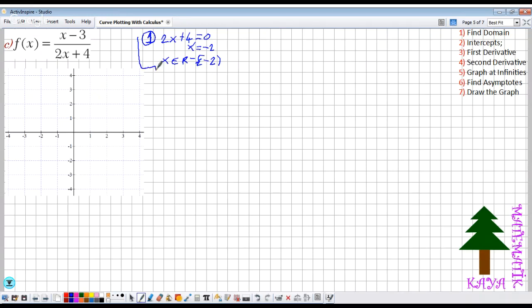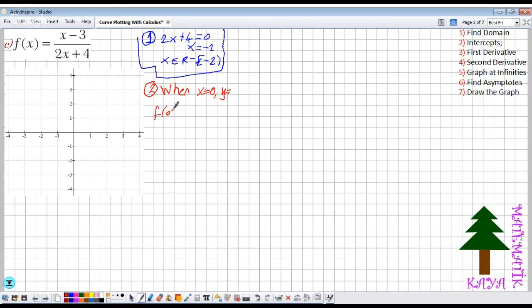The first step is done. Then the second step is about finding the intercepts. When x is equal to 0, find the y value.